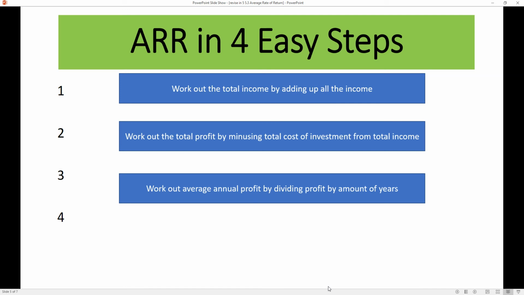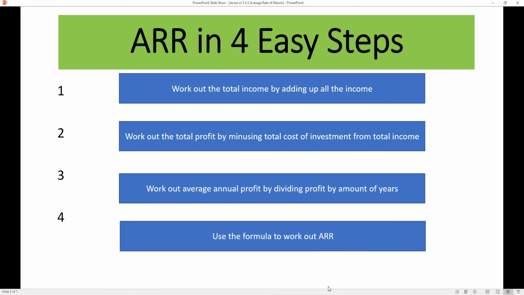I'm going ahead of myself now. Once you've done that, that's the average annual profit, and you use the formula to work out average rate of return: the average annual profit, whatever 3,000 divided by 5 is, divided by the cost of investment, which is 2,000, times 100.